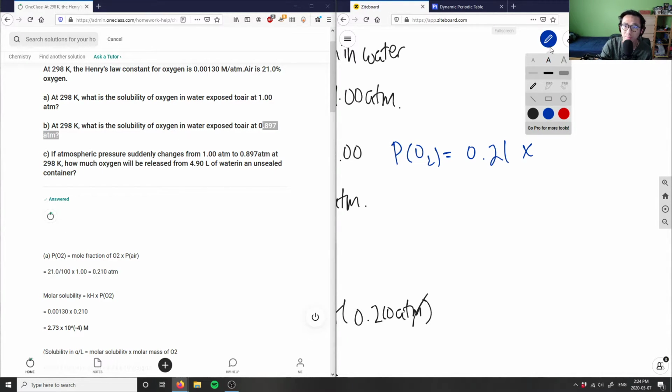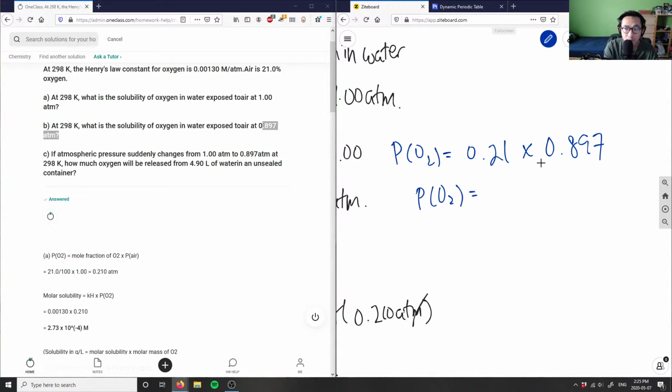So I'm going to multiply 0.21 by 0.897 to find the partial pressure of O2, and this gives a partial pressure of 0.18837 atm. Then I can relate it to Henry's constant, right?